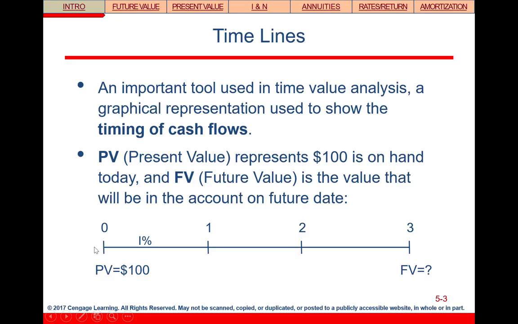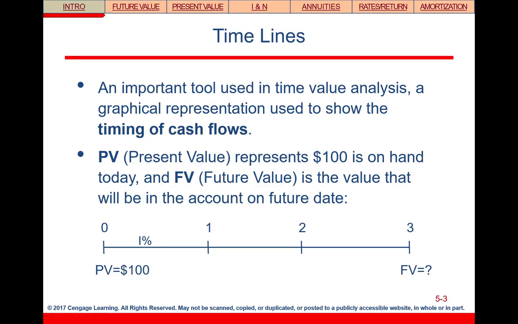So you see it's just a line, but there are dots here. Each dot represents a certain point in the timeline. So this is time 0, which means it's right now, the current time. This is 1, means the end of period 1.